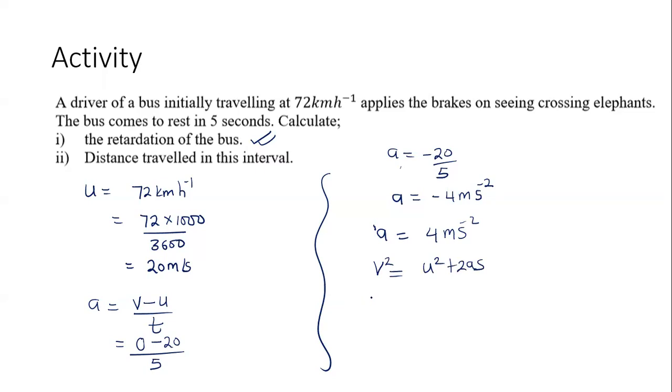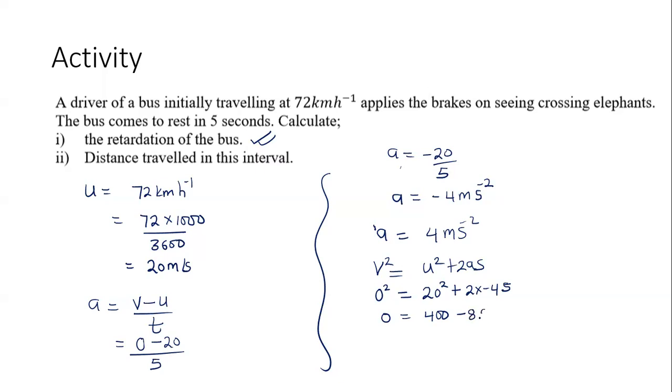My final was 0, then my initial was 20 squared, plus 2 times negative 4 times s. So you have 0 is equivalent to 400 plus negative 8s.